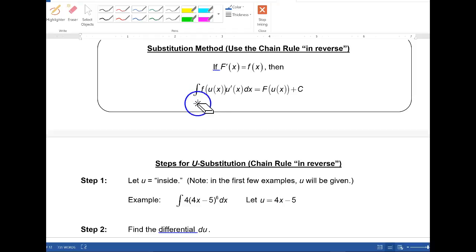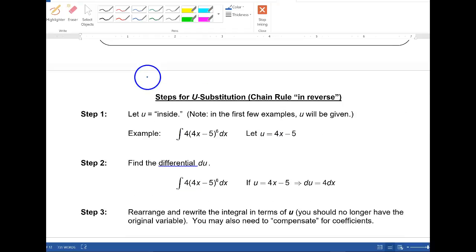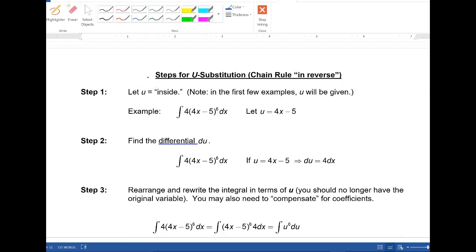And I know that looks really confusing, so I'm going to take you through some examples step by step. Okay. So first thing, we have this idea of having u. u is generally what we want to think of as the inside. Now, in the first few examples, u will be given.